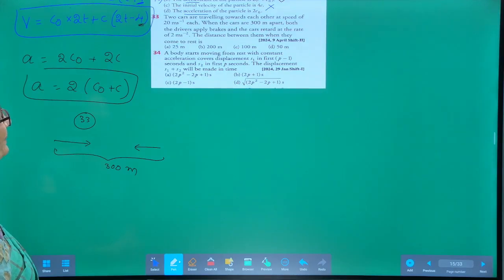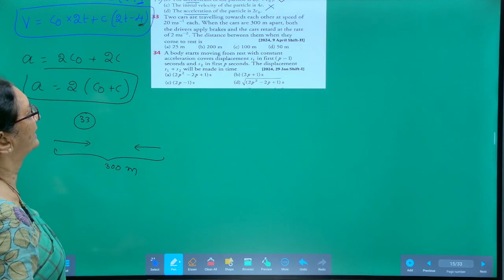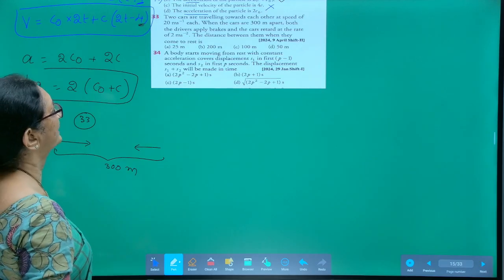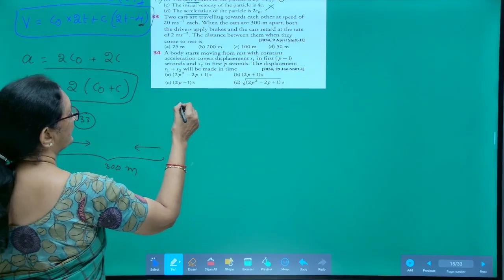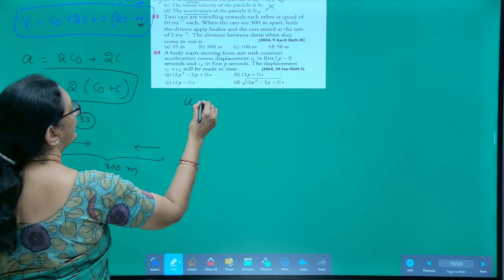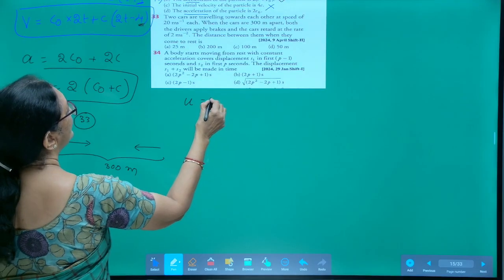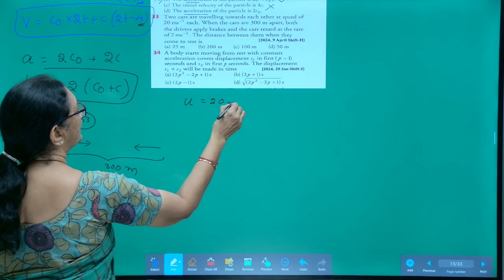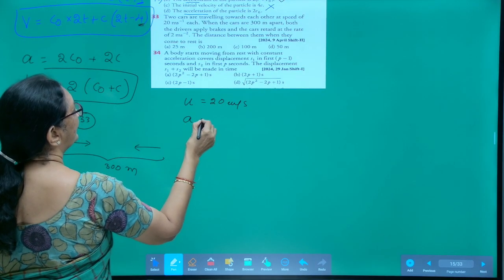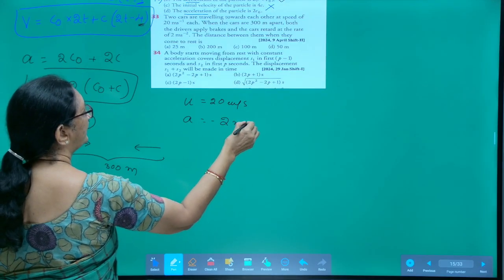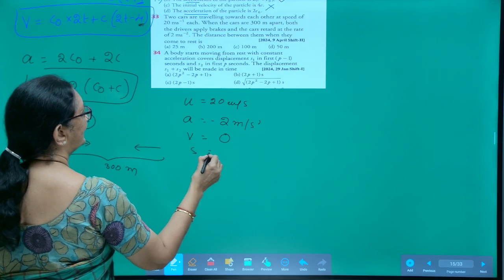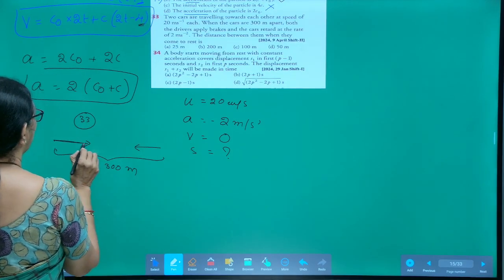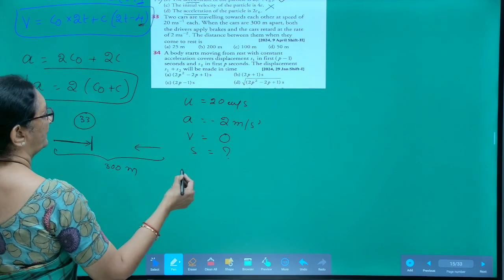Both the drivers apply brakes and the cars retard at the rate of 2 meter per second square. See here, if you consider the first car, its initial velocity u is equal to 20 meter per second. Retardation is minus 2 meter per second square. Before it stops, what is the distance traveled by it? So this distance we are going to find.